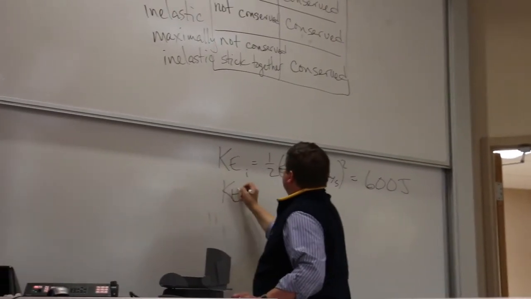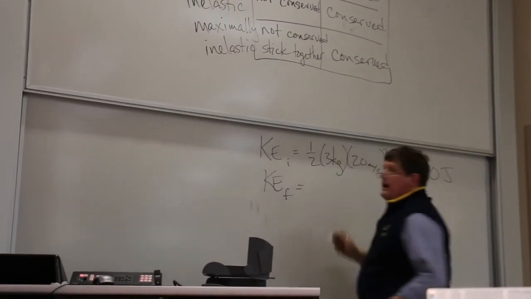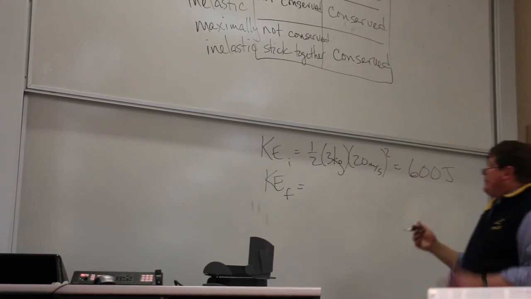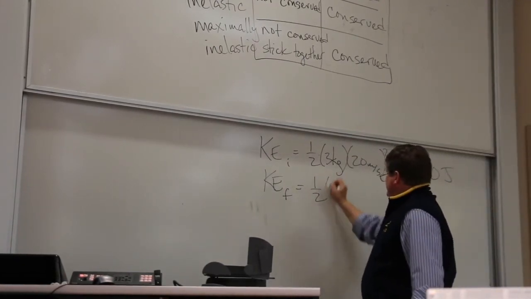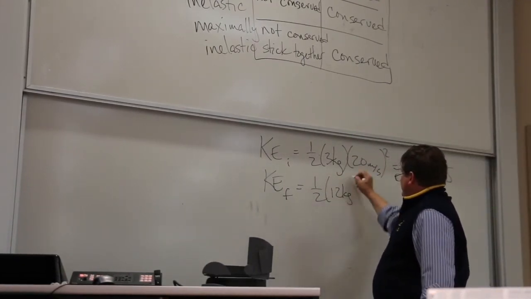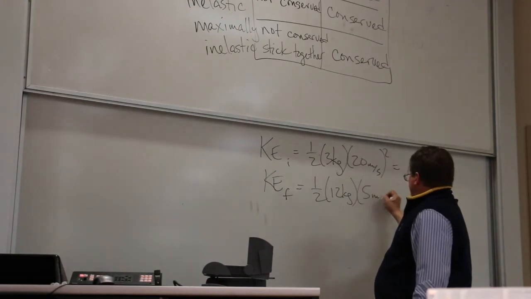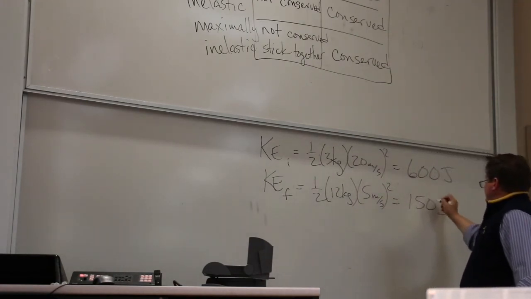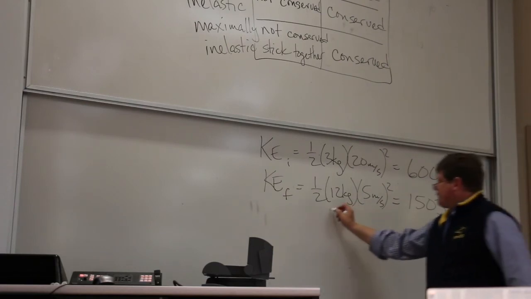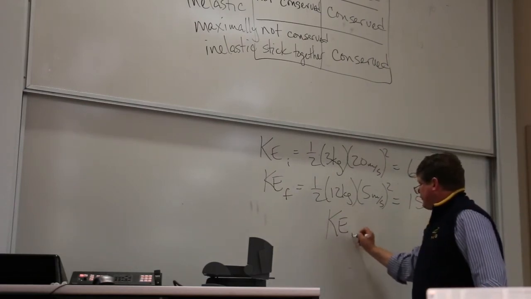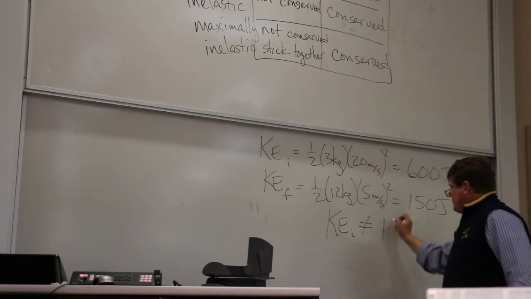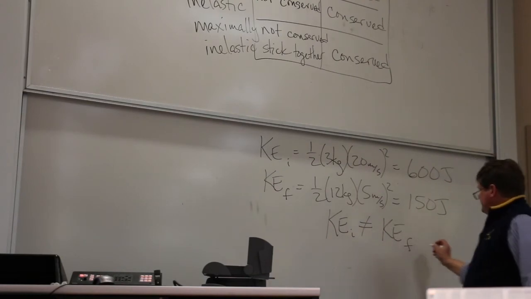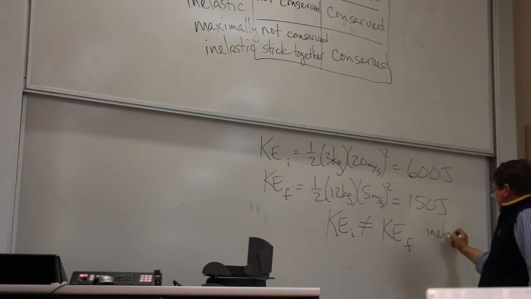After the collision, the little block stops and the big block is moving. It's got a mass of 12 kilograms and it's moving at 5 meters per second. And that's going to give me 150 joules. If those are different, if kinetic energy initial is not equal to kinetic energy final, then it's inelastic.